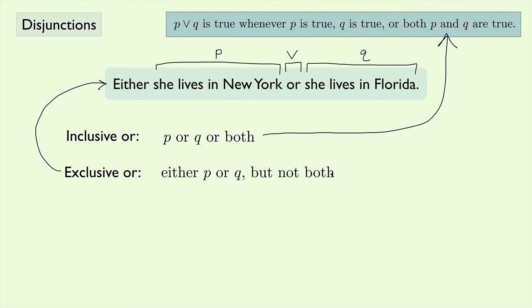In other words, when they're both true, then the exclusive or, P or Q, would be false. But in mathematics, we can't tolerate ambiguity. We got to pick something and stick with it. So in this course, geometry, and in mathematical logic in general, unless we say otherwise, we are always going to use the inclusive or.